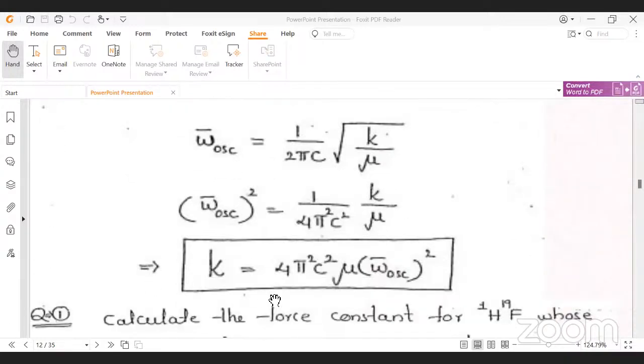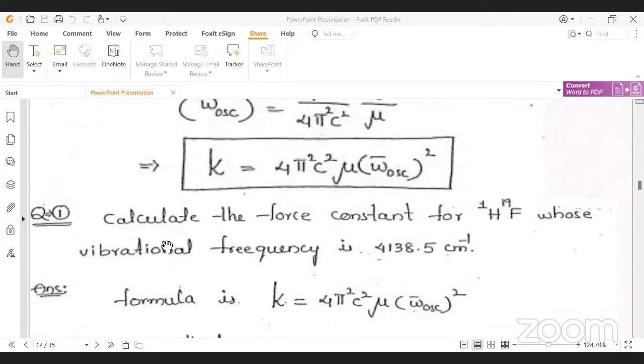So k is equal to 4 pi squared c squared mu ω̄ oscillation squared, where k is the force constant, c is the velocity of light, and mu is the reduced mass.